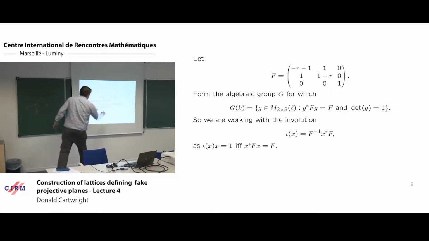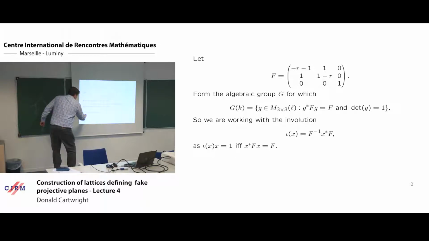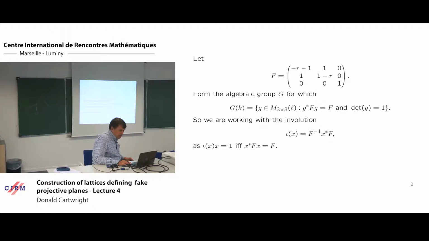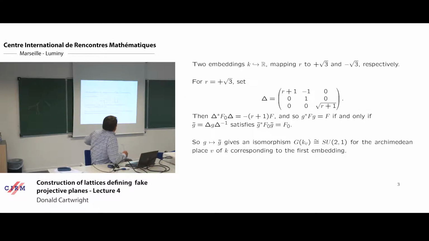So this condition we see here is the same as this condition here. As we've mentioned, it doesn't matter which F you choose, provided the signatures work out according to the 2 places.